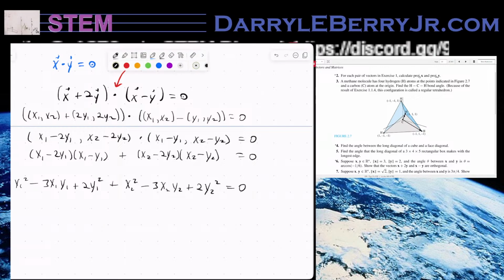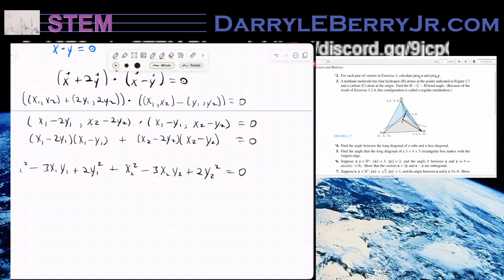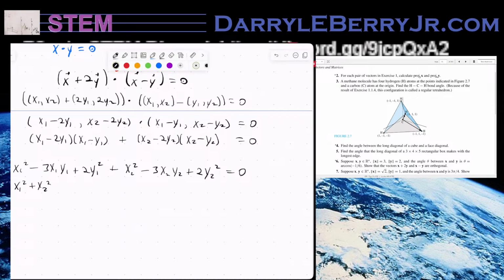So let's see if anything cancels out. Doesn't look like it. So now we have x1 squared plus x2 squared. Let's see where they're going.